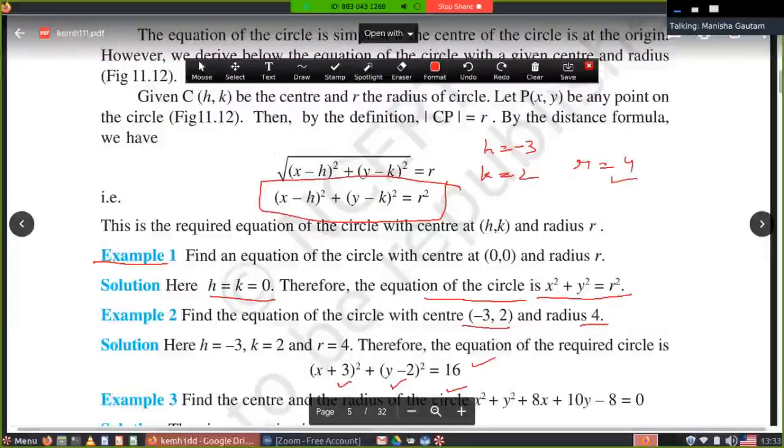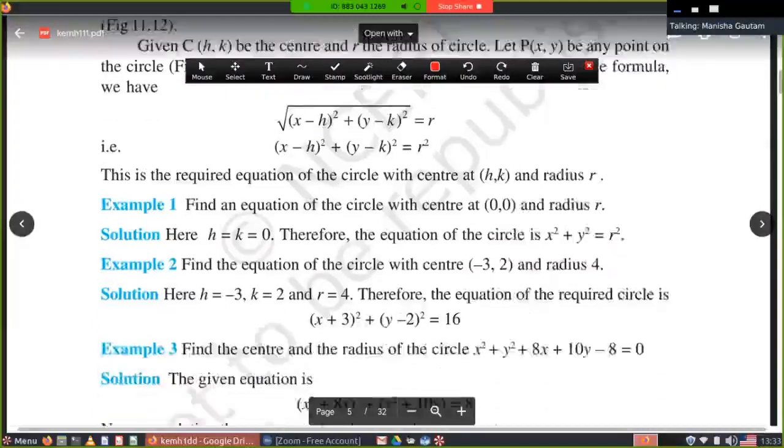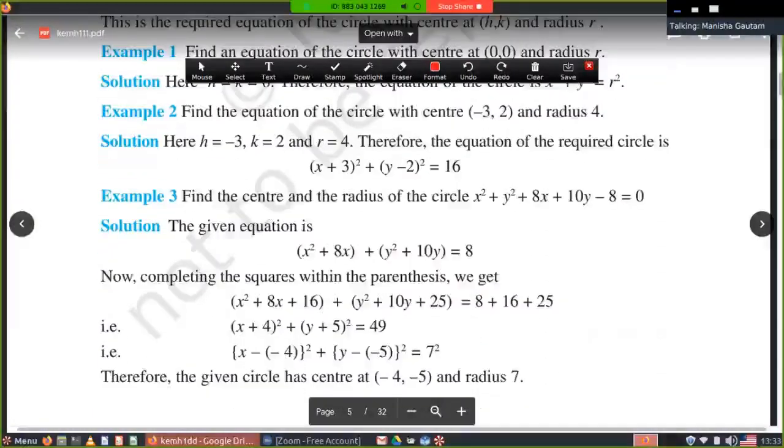Now next thing: if the equation of a circle is given to you, how do you find the center and radius? Here is the next case, in example number 3.